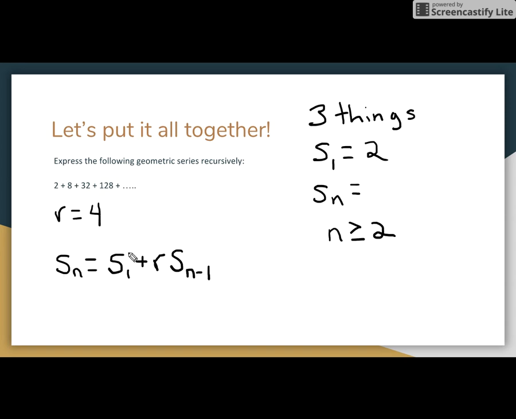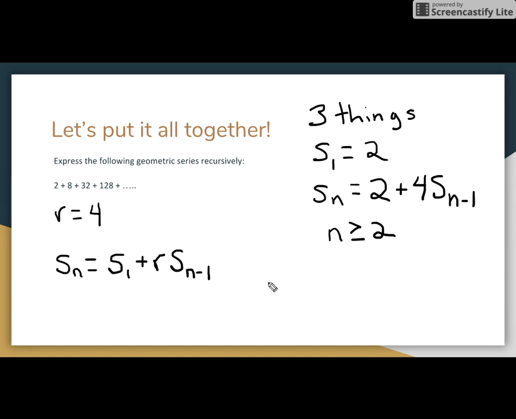In this case, S sub 1 is 2, so we say 2 plus, our r is 4, times S of n minus 1. We just leave that because that's our recursive term, and that's what we need to know in order to find the sum of the next one.